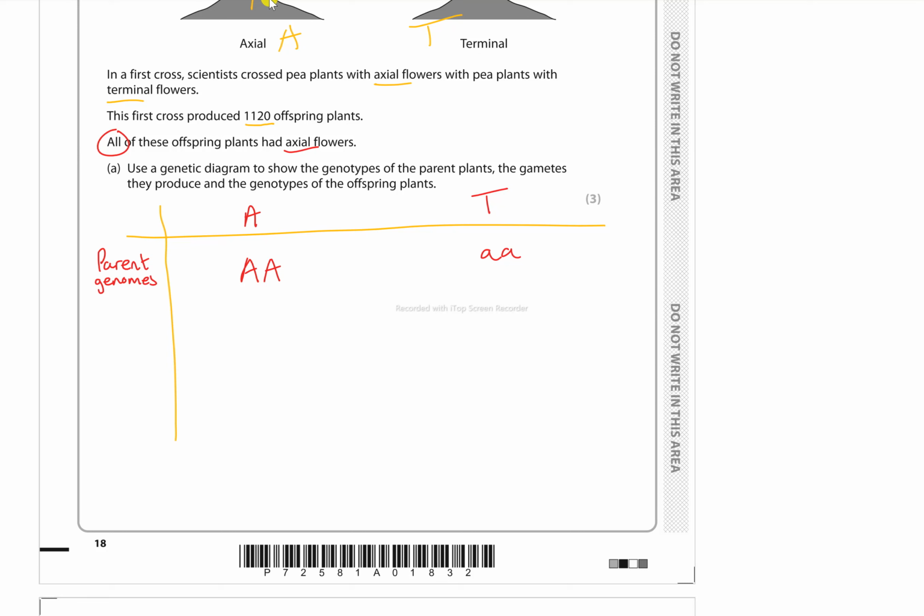Then we can look at the parent genes that they're contributing. They're going to contribute a dominant, so axial, and then non-dominant terminal. So now we need to look at what the kids are going to be, the offspring genotypes.